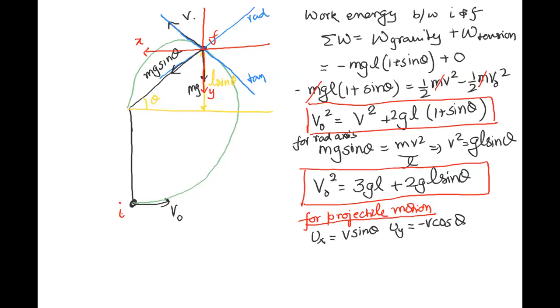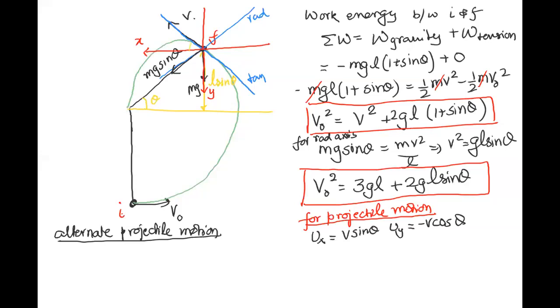What we could have done, and I will do later on, is alternate projectile motion. I will do that later on, but for the moment I have taken a horizontal vertical axis, right?